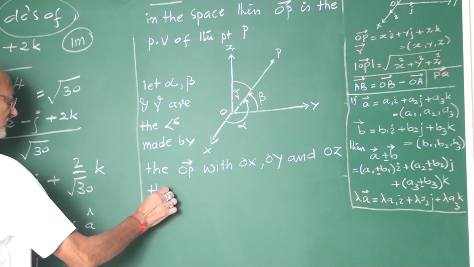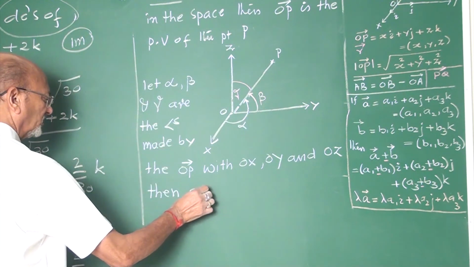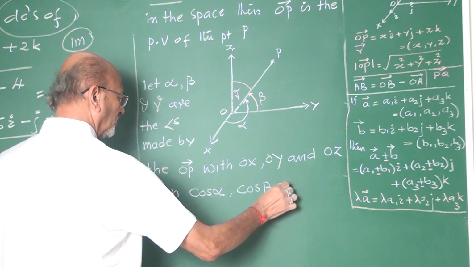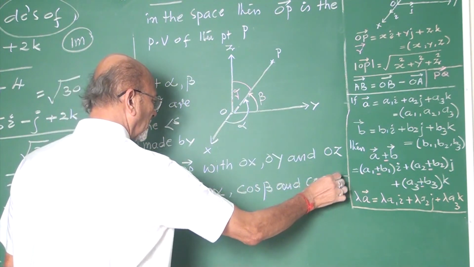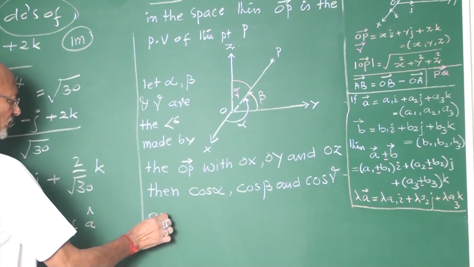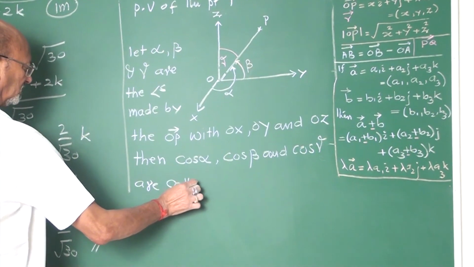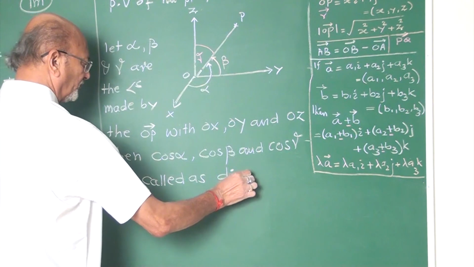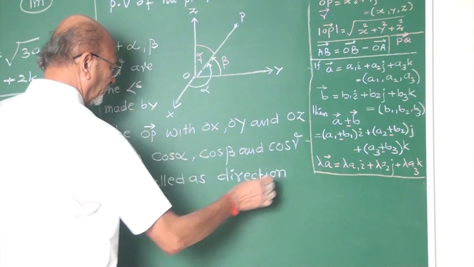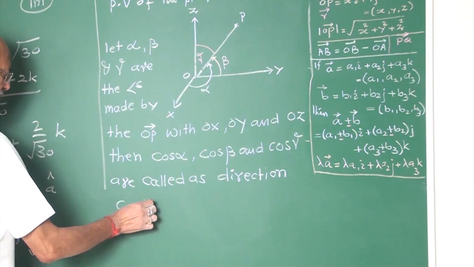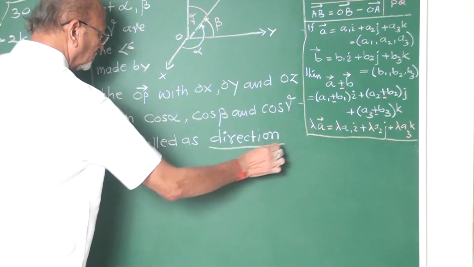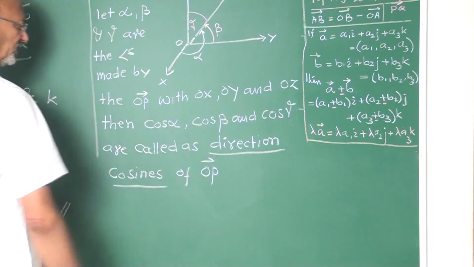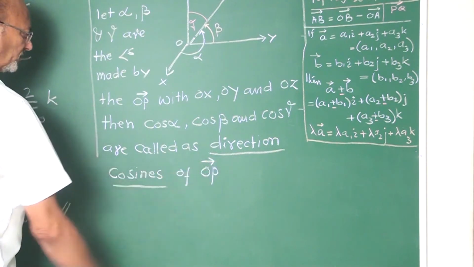Then cos alpha, cos beta and cos gamma are called the direction cosines of the vector OP.